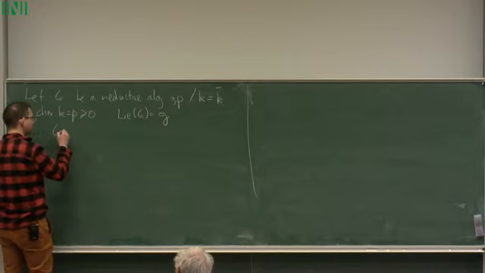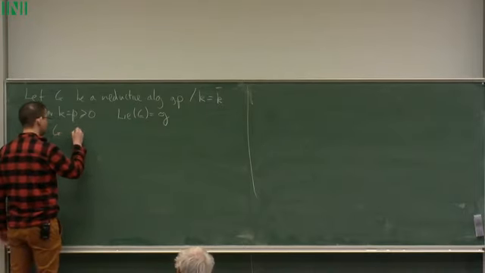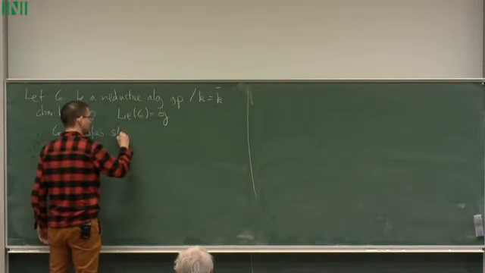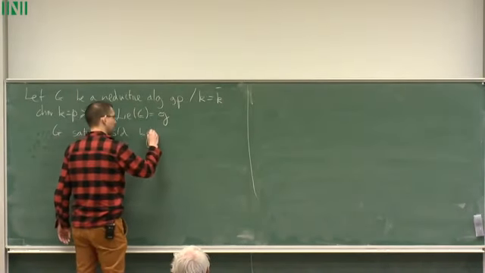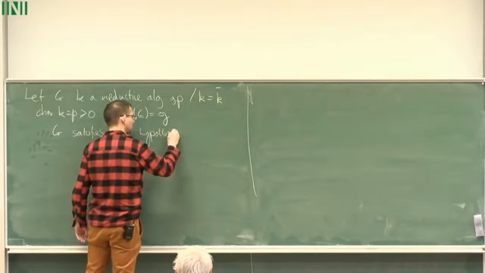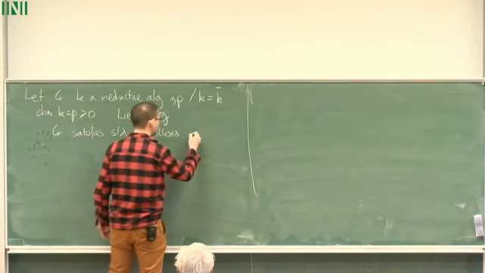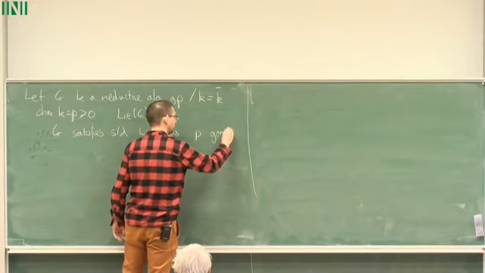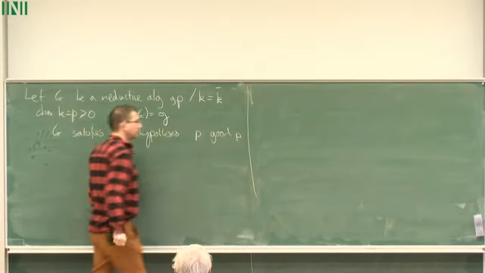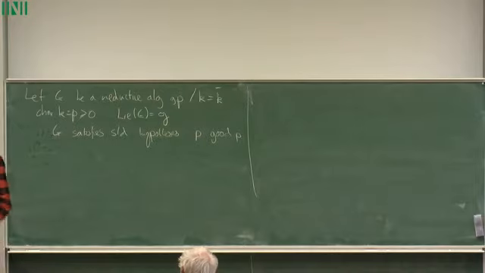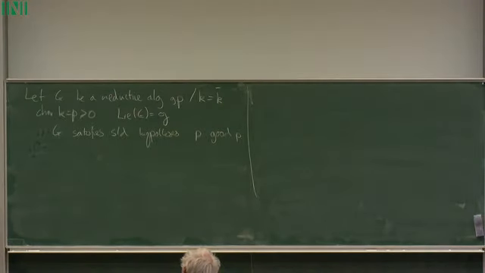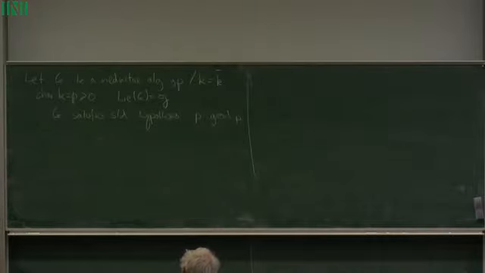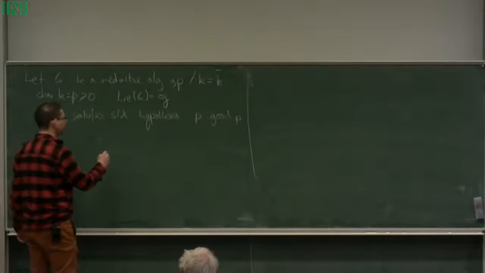So I won't spell all that out, but we want to exclude all the bad primes, so p is going to be a good prime. That means that we're not going to have E8 in characteristic 5 or 3, and most of the time we won't have p is 2.